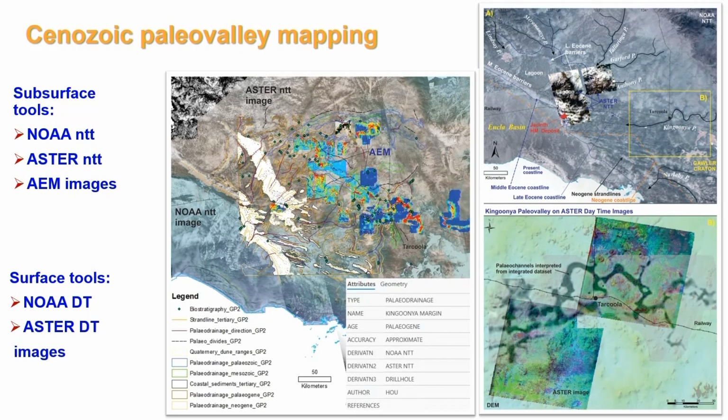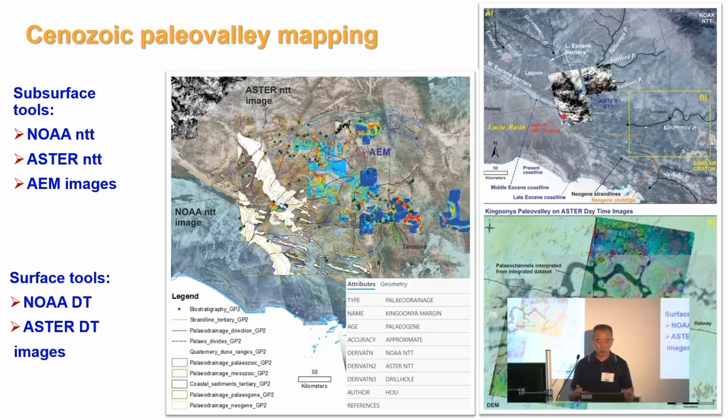You can see this is NOAA, and this part compared to this part is ASTER. It is very, very high resolution compared to NOAA, and we have to emphasize it's nighttime. Why nighttime? You see, this is daytime compared to nighttime. Nighttime goes in this direction, daytime goes in this direction. Daytime only shows some features like landslides, just telling you spectral geology on the surface.